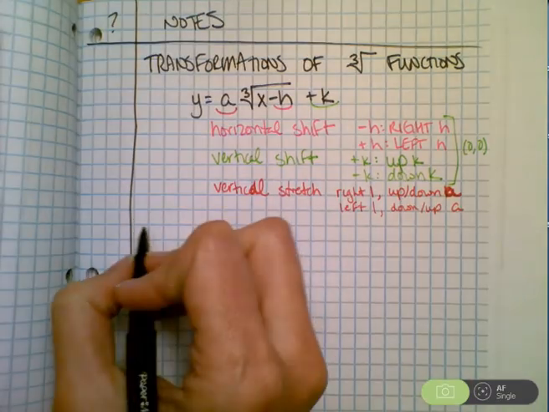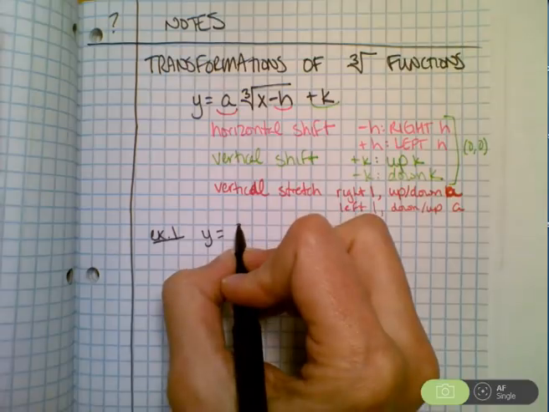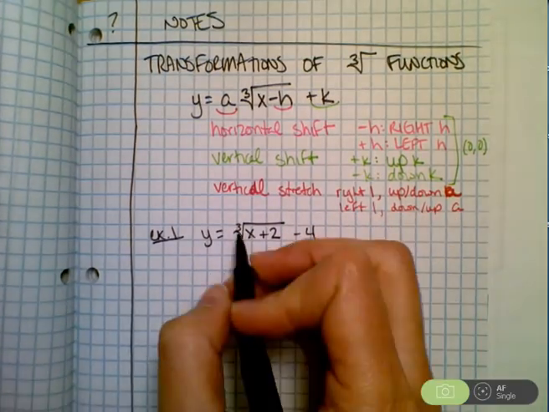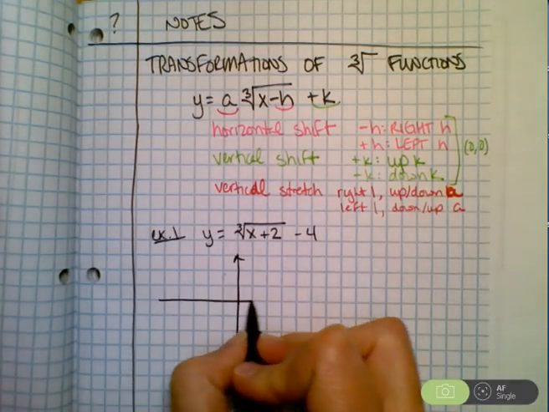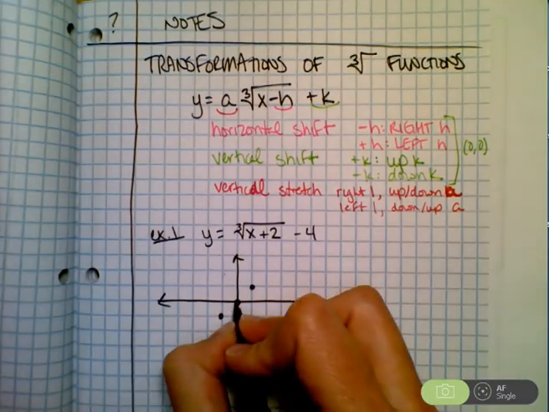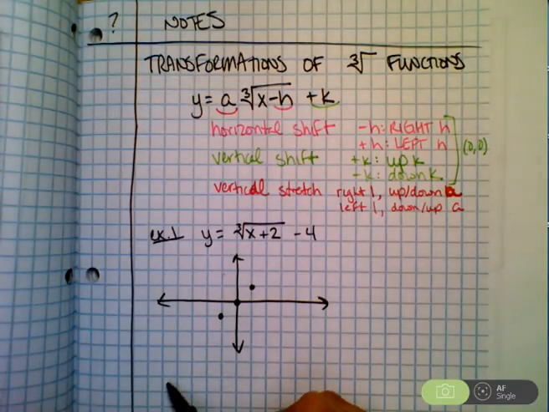Speaking of examples, let's look at one right now. Example 1, we're going to do y equals the cube root of x plus 2 minus 4. So again, I'm going to start with my parent function, which goes through 0, 0 and 1, 1. And again, this is where you want to be a little bit careful. People are tempted to make a straight line like that.